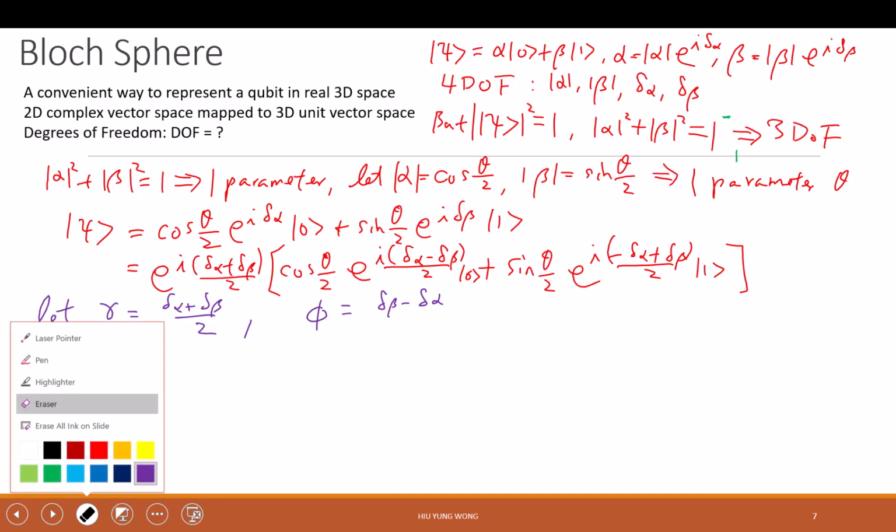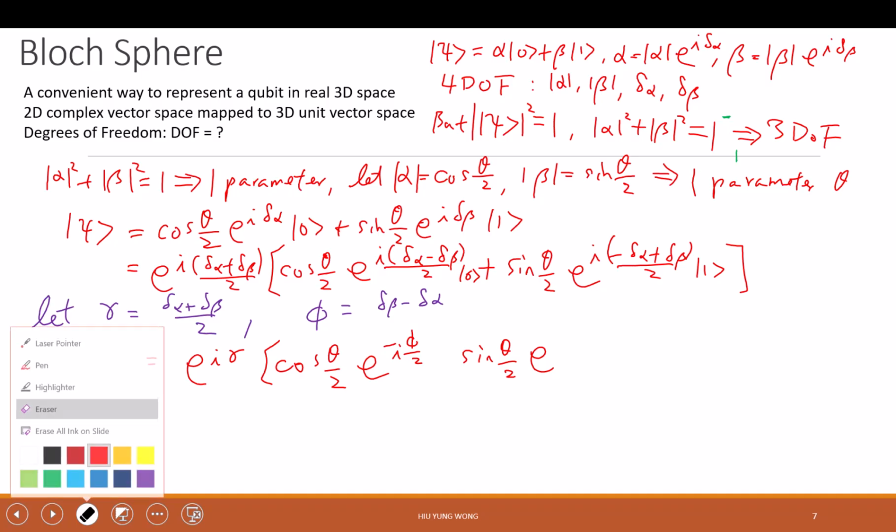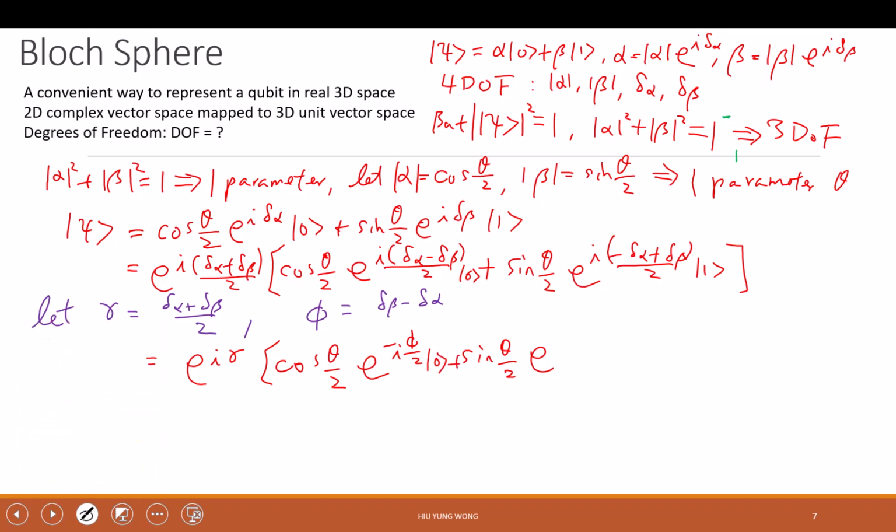So this equation becomes what? e to the power i gamma times cosine theta divided by 2, e to the power negative phi divided by 2i, 0, plus sine theta divided by 2, e to the power i phi divided by 2, 1.